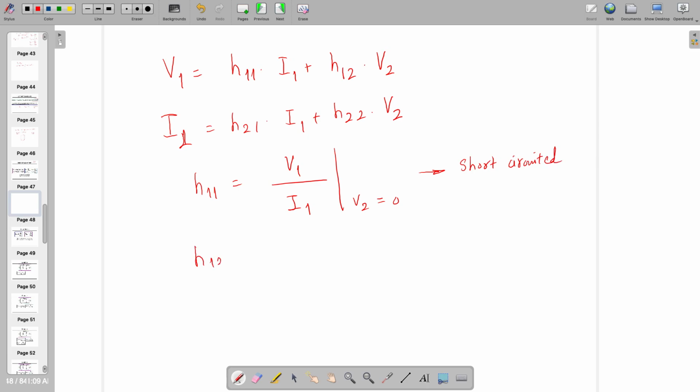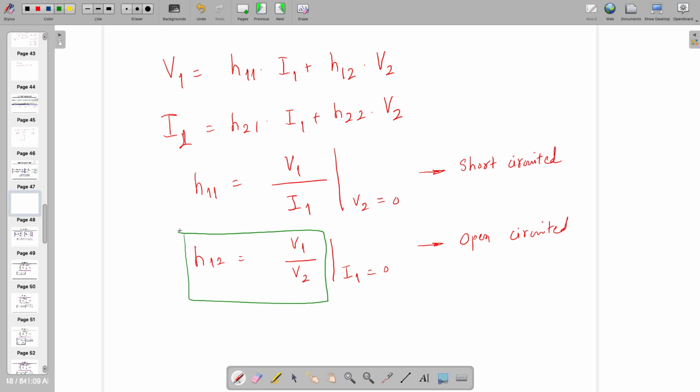And H12 is V1 by V2 when I1 equal to 0. This is an open circuited parameter. If V1 is input and V2 is output, which is generally the case, then H12 is nothing but 1 by the transfer function, right?